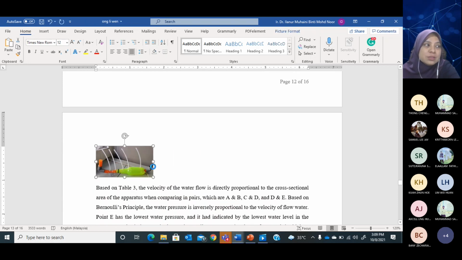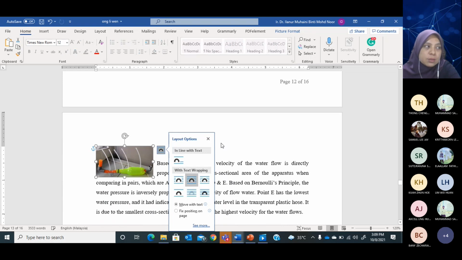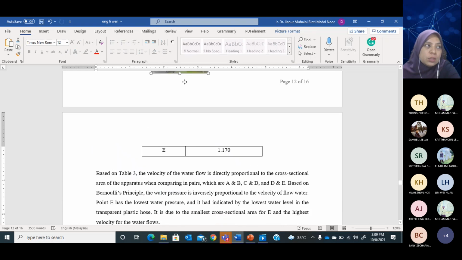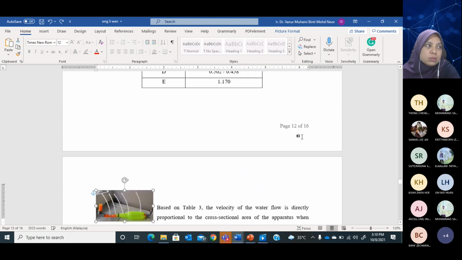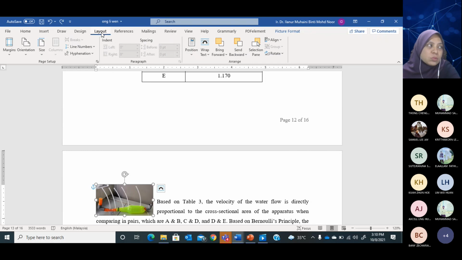Big, pula. Okay, this one, if you find it difficult to move the figure, you choose this one, tight. Okay, or in line with text also can. Wait, I'm trying to move it here. Not layout.